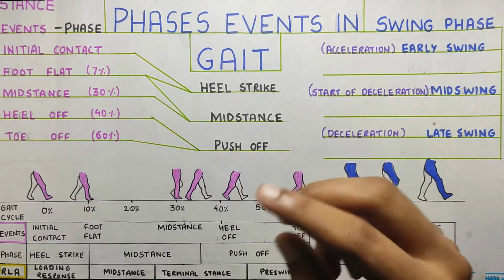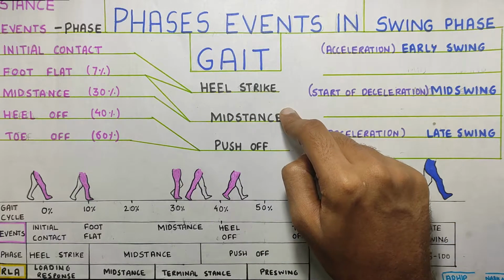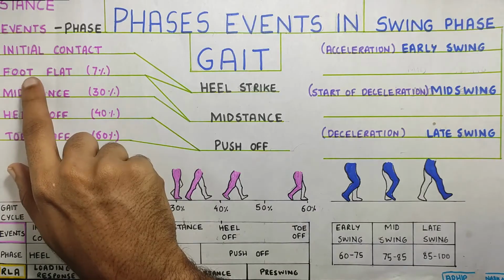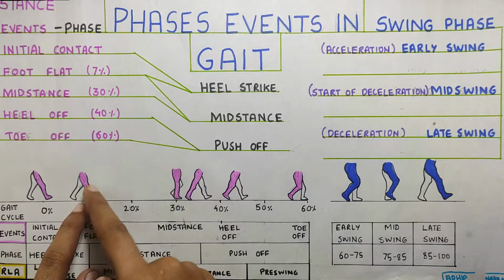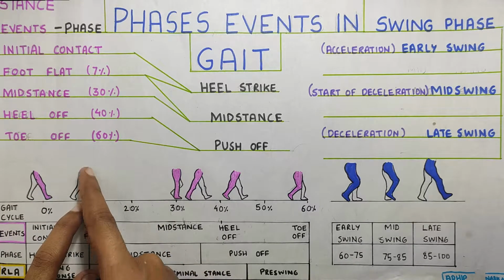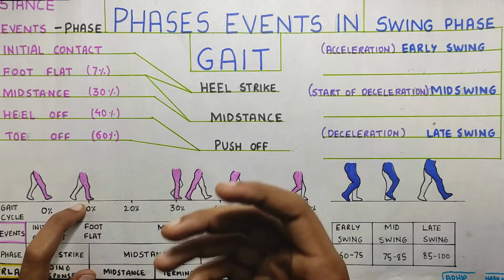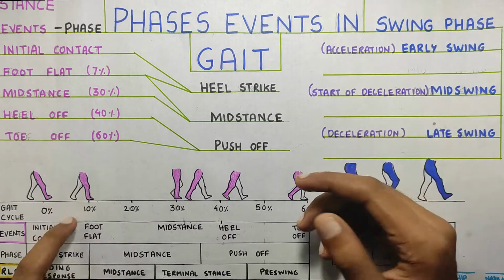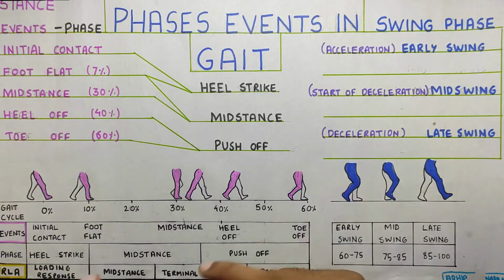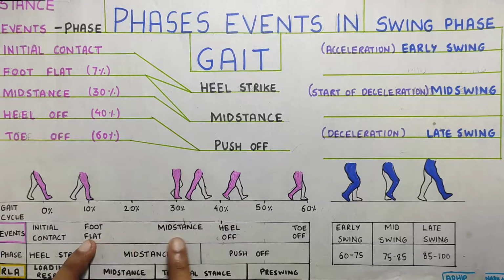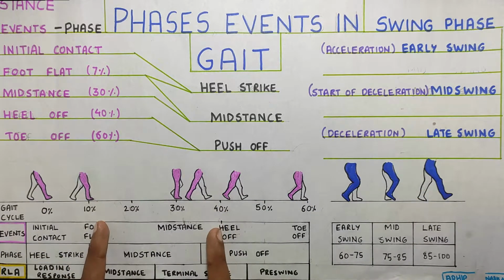Now mid stance as a phase will consist of two things, that is foot flat, because if you can see in foot flat also the weight bearing leg is right below the body, so that's why it would be under mid stance. And also the classic mid stance that we are talking about over here, this whole bunch of it will also come under the mid stance phase, the event of mid stance.